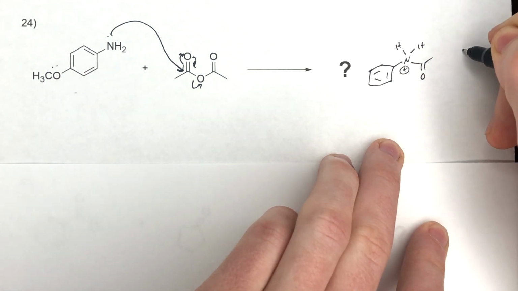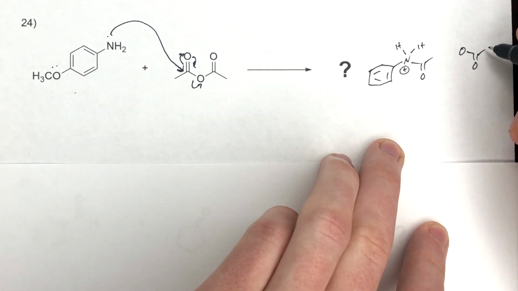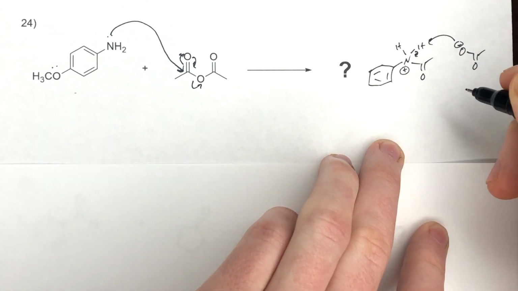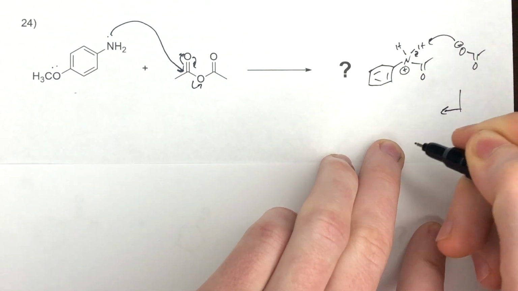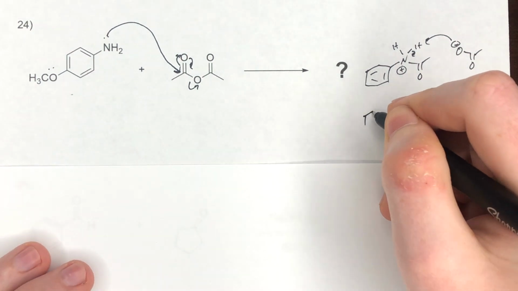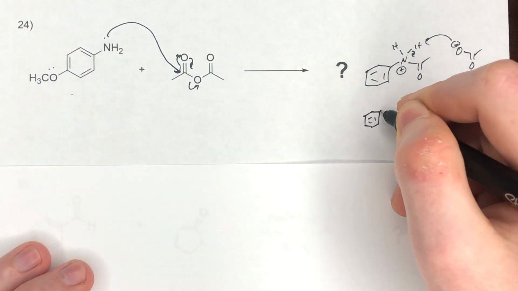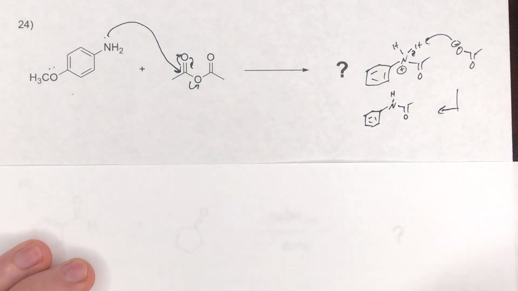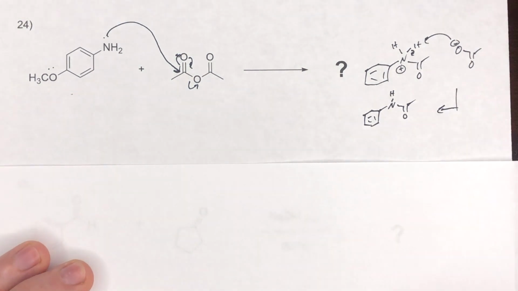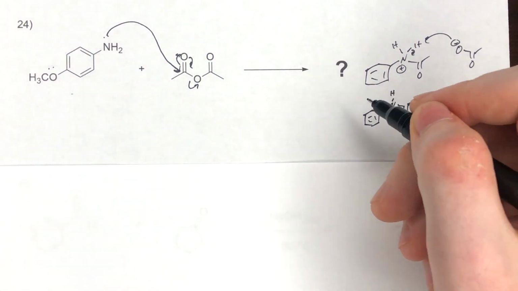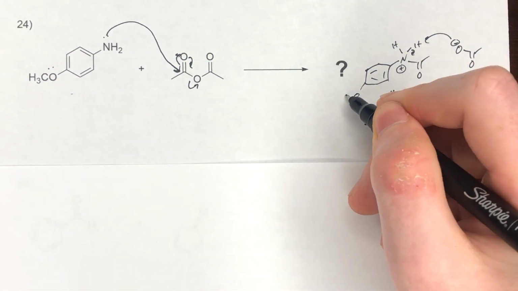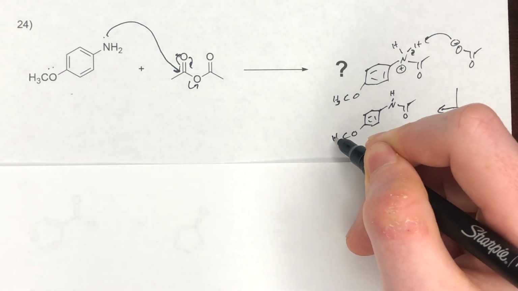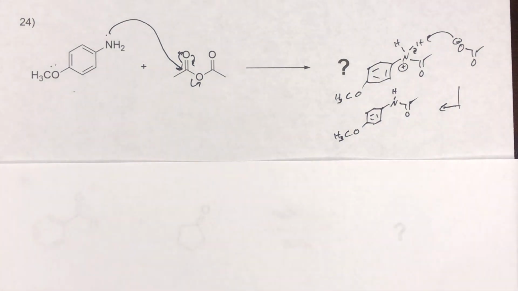And then, of course, you're going to deprotonate that oxygen, or the nitrogen with the oxygen, to get this product, the amide product. Right? And then, of course, don't forget your OCH3, like I did. That hasn't changed, hasn't disappeared, but it's uninvolved in the reaction.